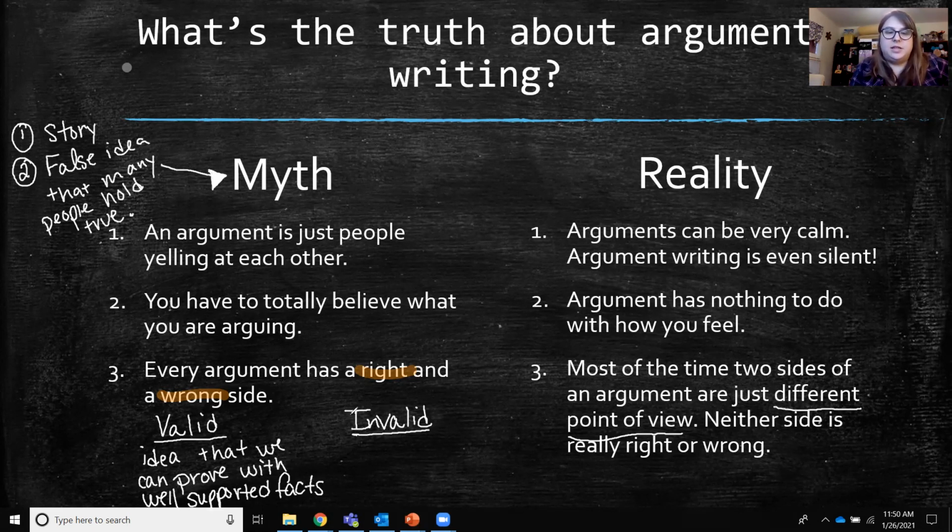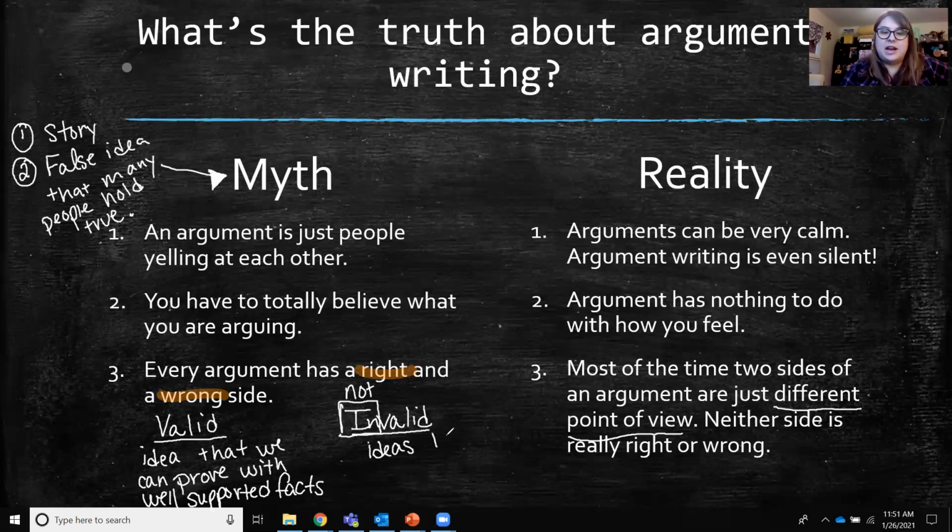The opposite of that idea is something that is invalid. When we see IN in front of something, it means not, or the opposite of. So invalid literally means the opposite of valid. It is not valid. These are ideas that cannot be proven, or they are poorly supported.